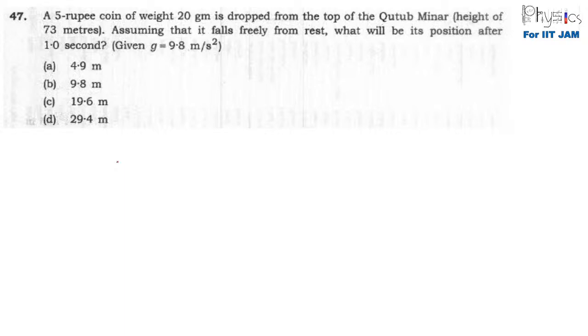Given g equal 9.8 meter per second square, that is, we know that the gravitational acceleration is 9.8 meter per second square. And the options are: A, 4.9 meter; B, 9.8 meter; C, 19.6 meter; D, 29.4 meter. So tell me, which is the correct answer?